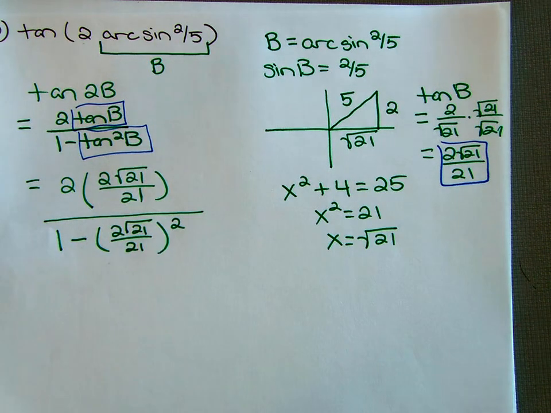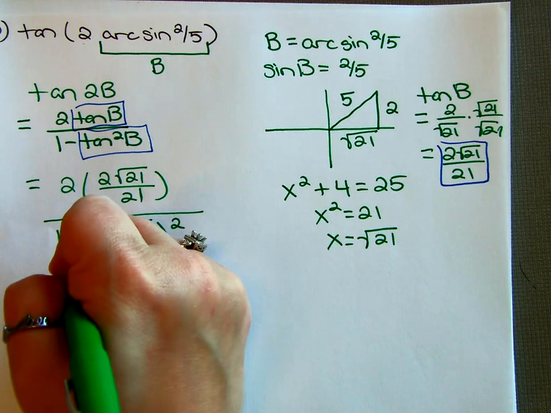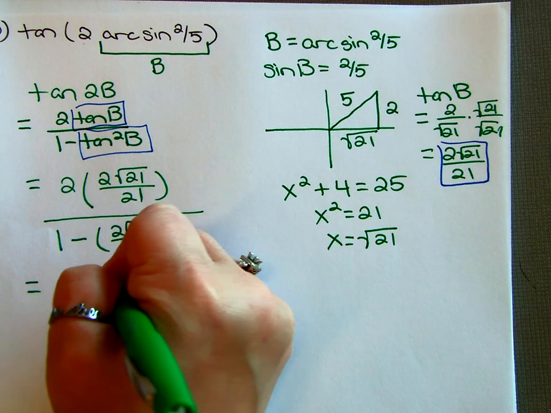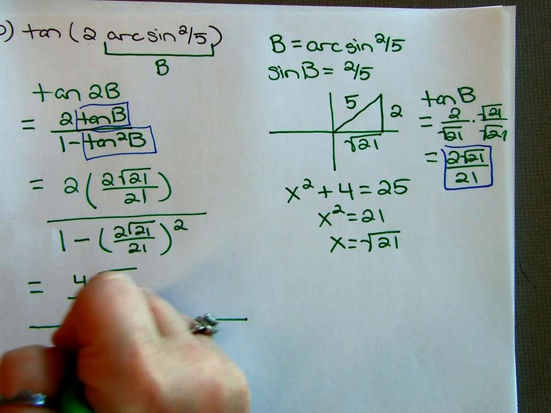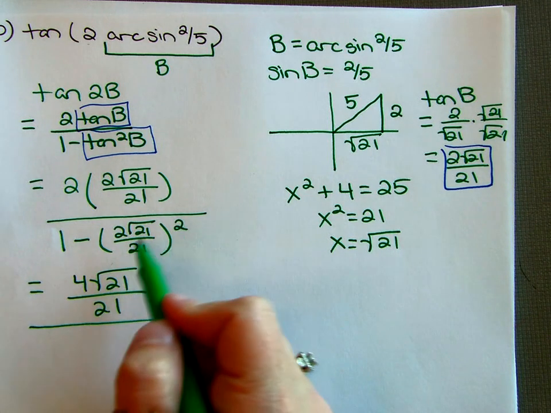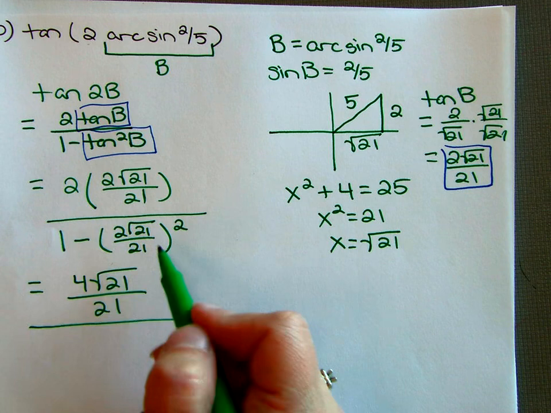So we've got fractions and fractions, we've got radicals, all kinds of fun stuff. On top, I'm going to have 4 square roots of 21 all over 21. On bottom, if I square this, I'm going to need to combine this at some point, so I'm going to have 21 over 21.